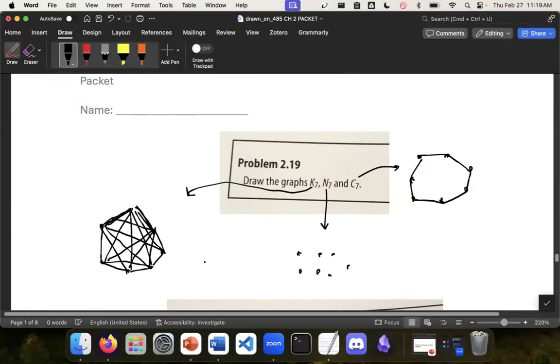Okay, I think I got all of them. It's going to be messy up here, but I think you get the idea.